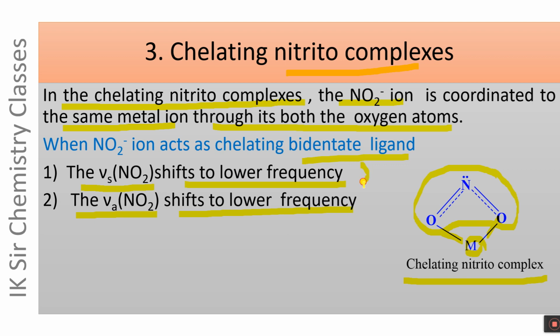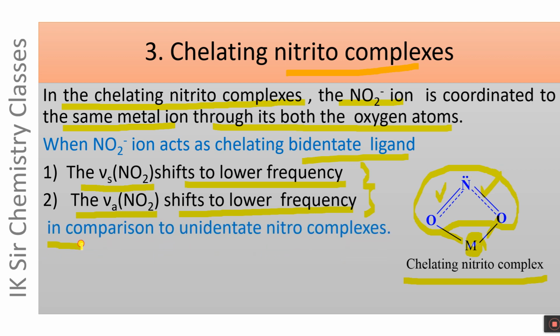Both bands shift to the lower wave number region because both oxygen atoms are attached to the metal atom, and the frequency of vibration of these two bonds decreases in comparison to unidentate nitro complexes.